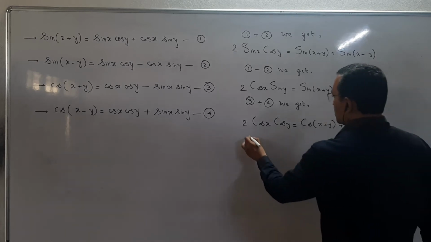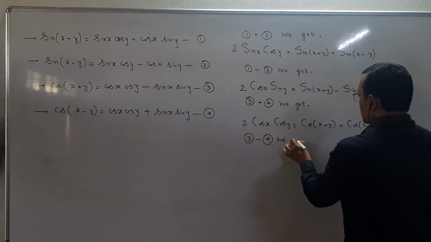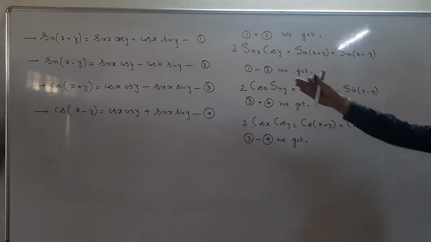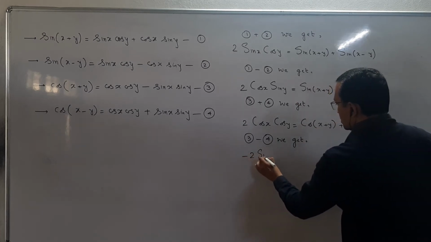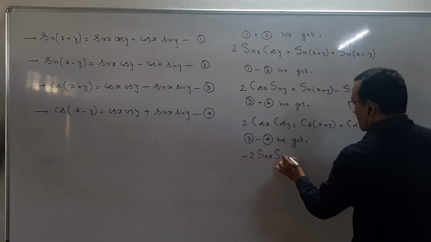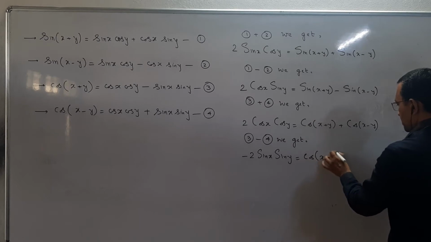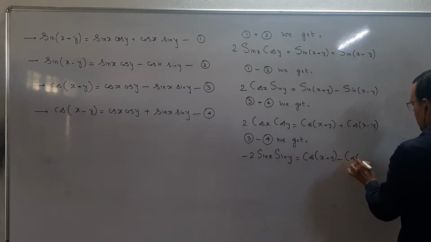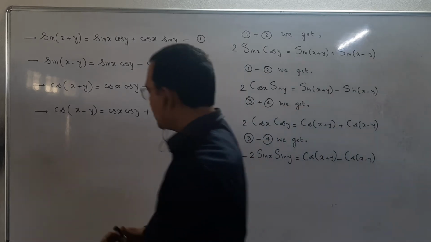And similarly, operating 3 minus 4, we get, cos x cos y gets cancelled, minus 2 sin x sin y is equal to cos of x plus y minus cos of x minus y.